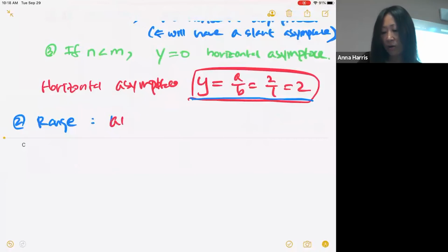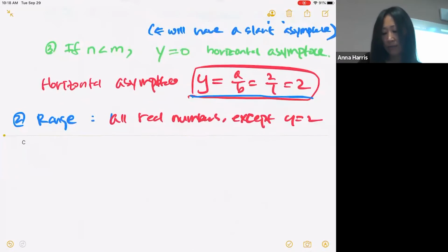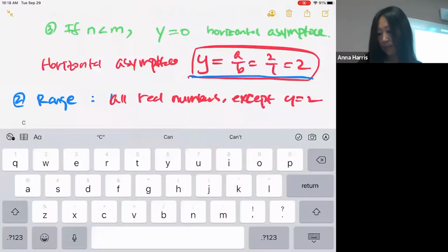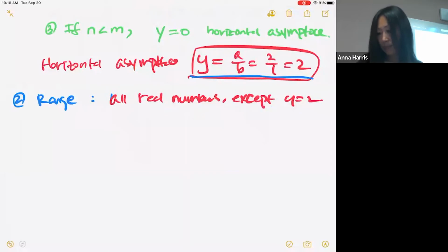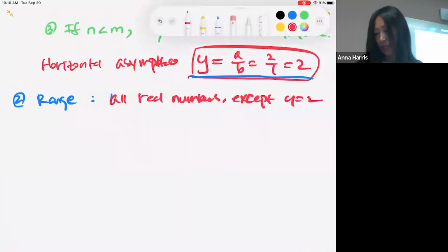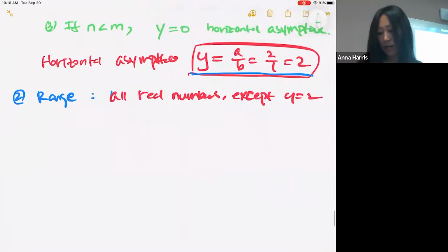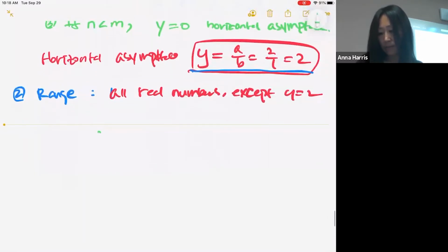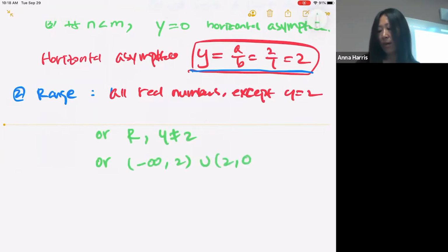so I have 3 different ways. Say all real numbers except y equal to 2, or I can write it down as all real numbers except y equal to 2, or I can write down negative infinity to 2 union 2 to positive infinity.